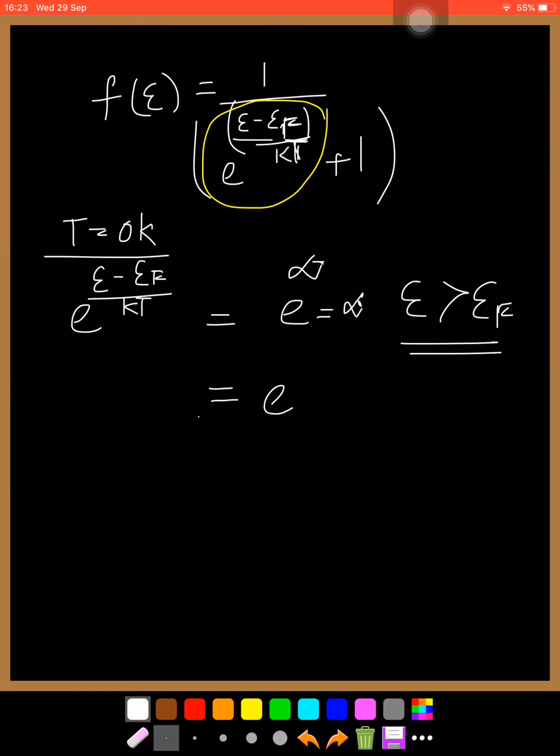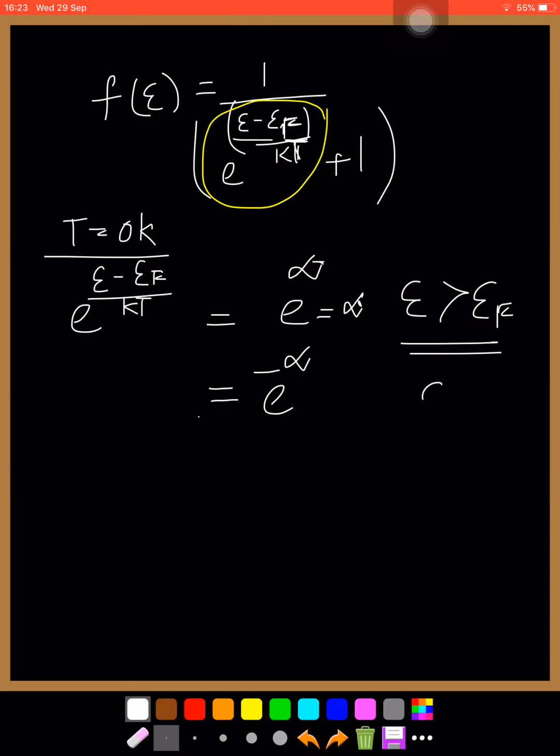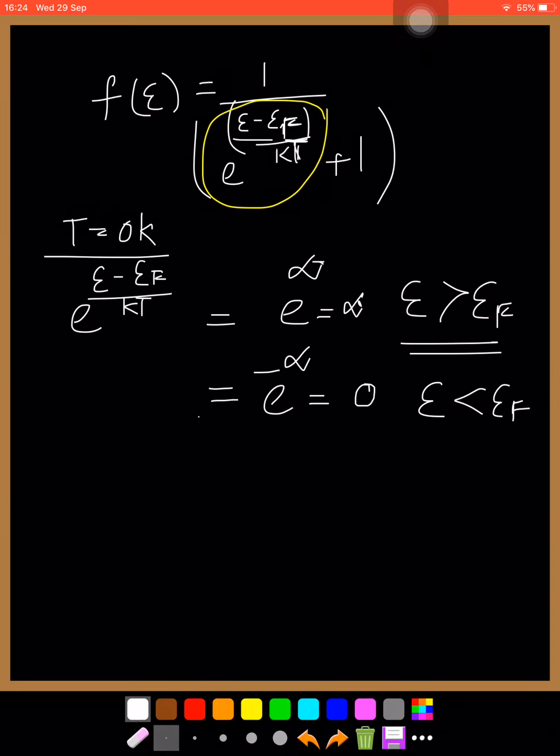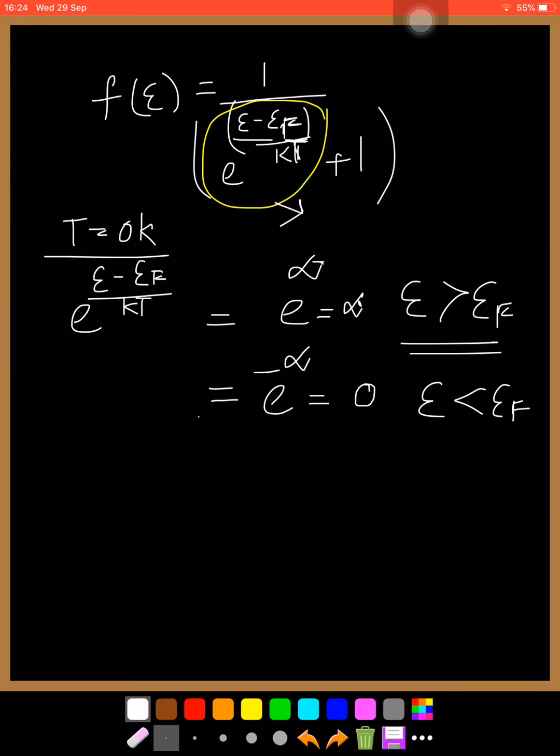And this is equal to e raised to minus infinity when E less than EF, since a negative value by 0 gives e raised to minus infinity. And e raised to minus infinity means 1 by e raised to infinity, that is 0. So this is the case with this expression when E is greater than EF and E is less than EF.